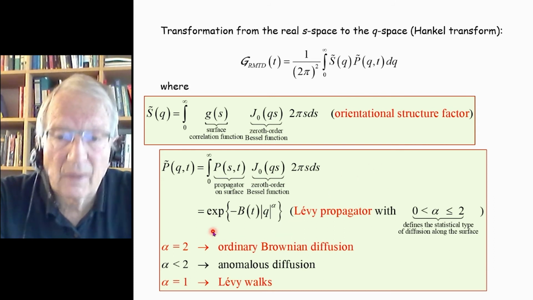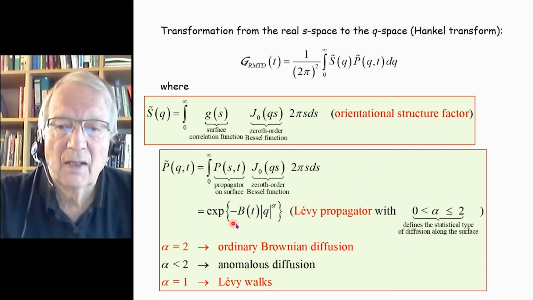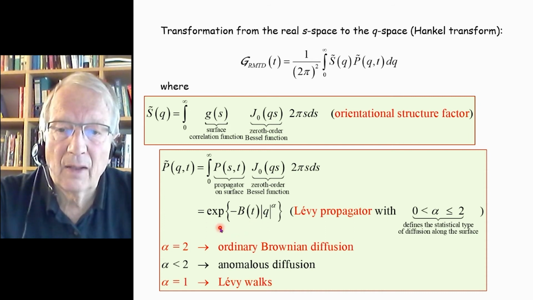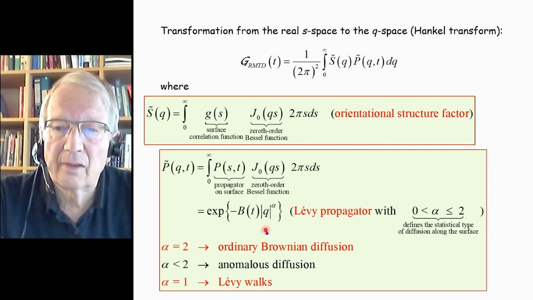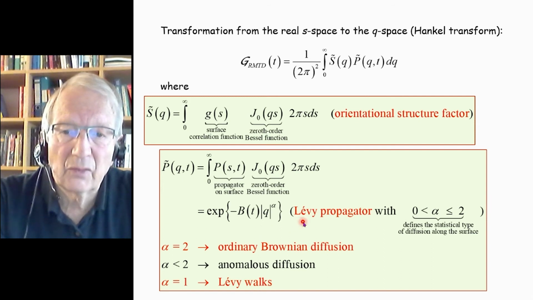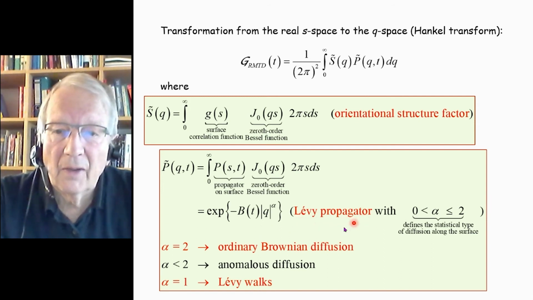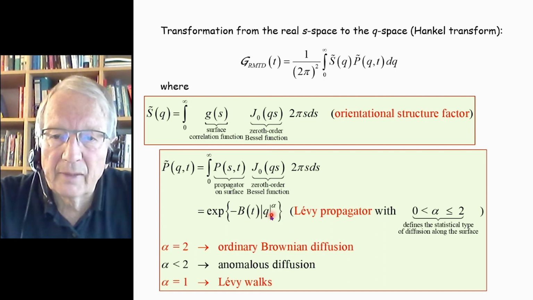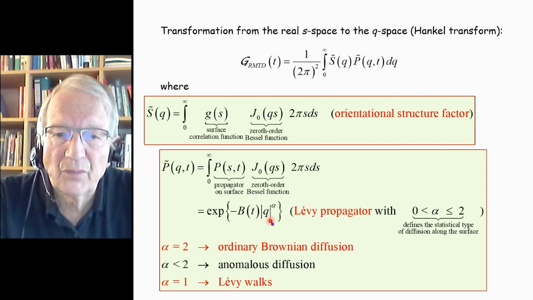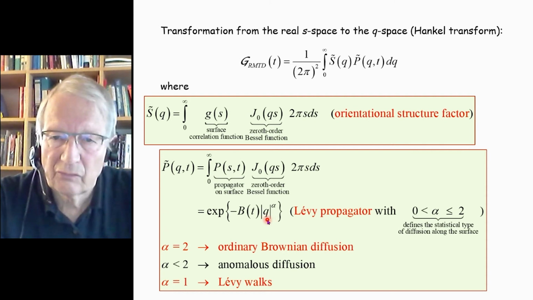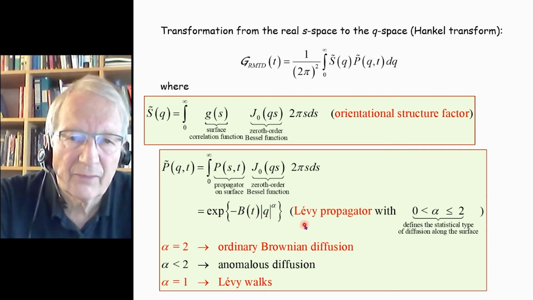But the advantage of doing this is that we get a very general propagator, the so-called Levy propagator, which is given by a power of the wave number Q, which describes the surface roughness.